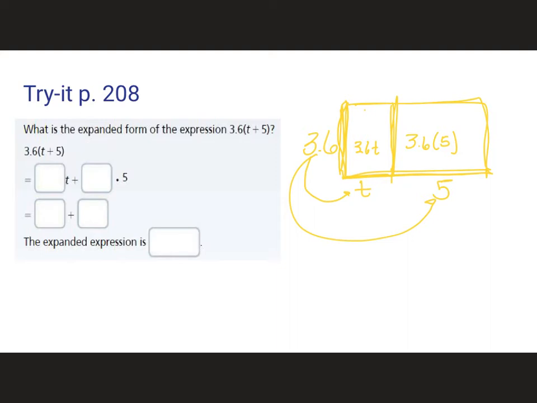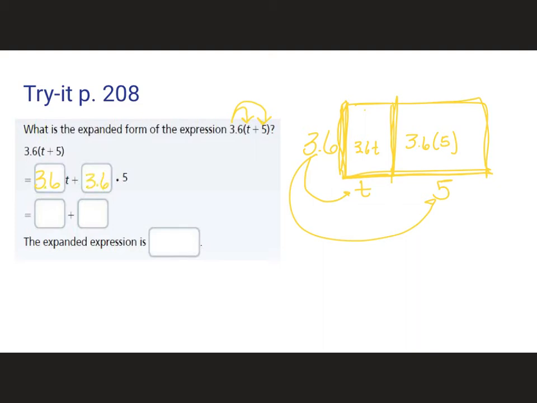So the way we look at it here is what I'm doing is distributing this 3.6. I'm going to do 3.6 times t and 3.6 times 5. I have to multiply the 3.6 by both of the terms in the parentheses.